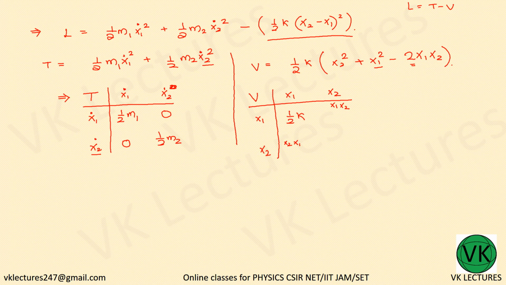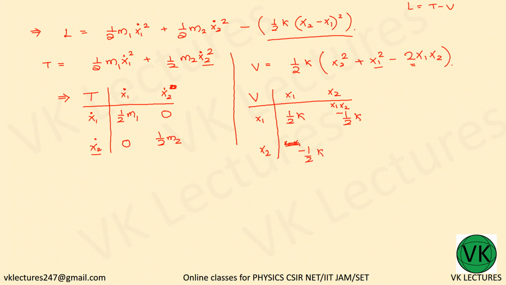So what we will do is put minus half k here, and here also minus half k, because we have to divide it equally between both of them.